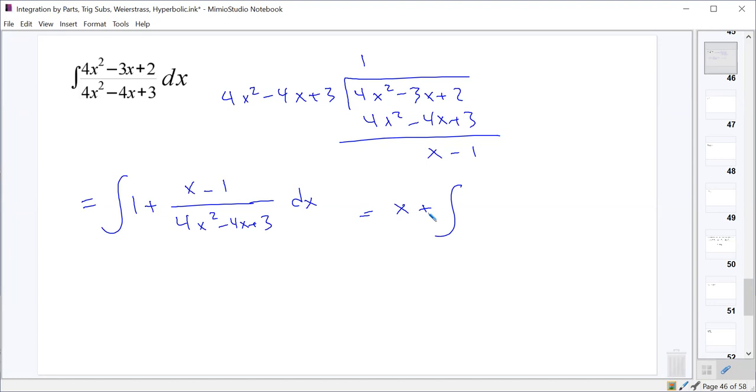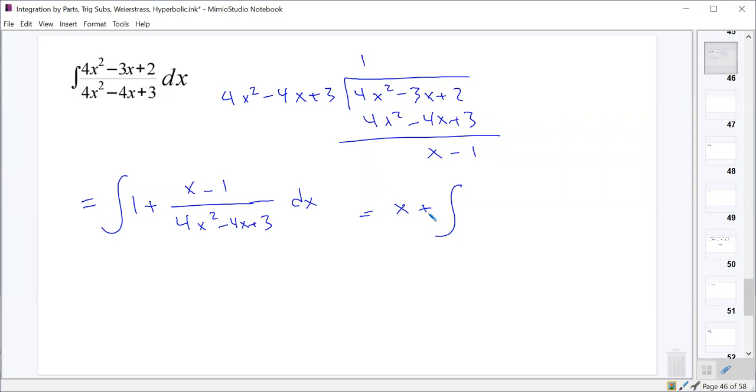So let's think about what we could do. It's a rational function, so we think special case or u sub first. No, unfortunately not. Degree of numerator is not more than or equal to the degree of the denominator, so we can't just divide.